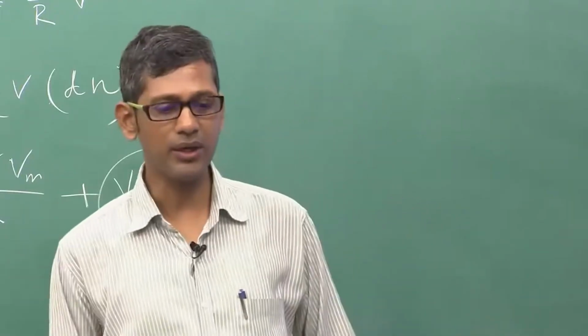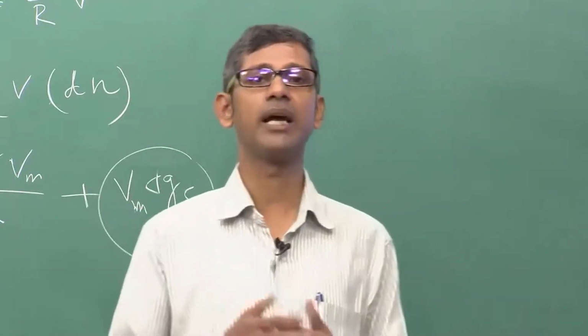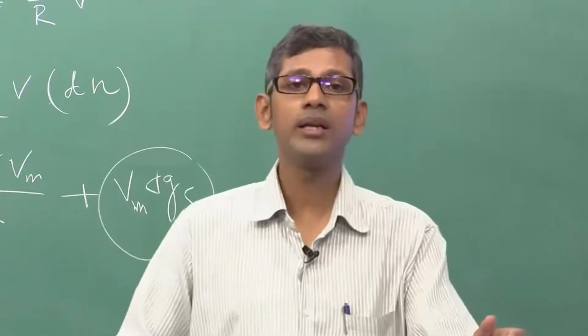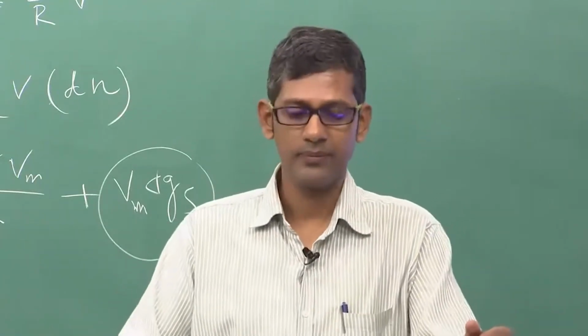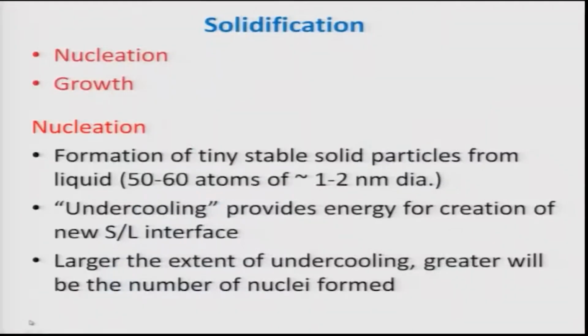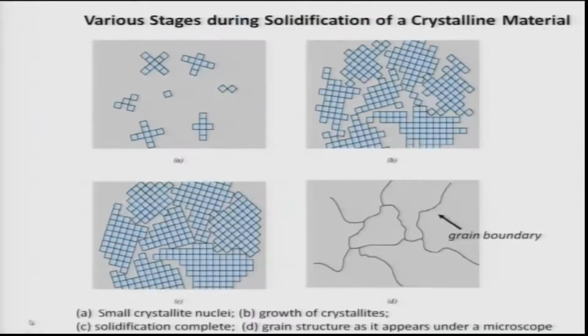If you consider solidification, let us suppose I am solidifying a solid from a liquid, what are the different stages of solidification? First, in a very schematic way, small clusters of atoms come together, that is what is shown here. This is one, this is another one.